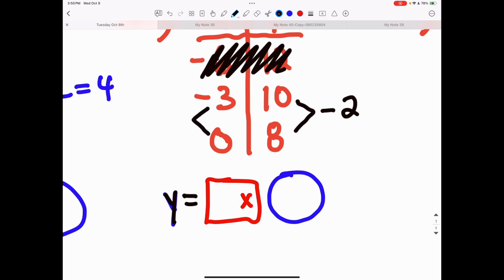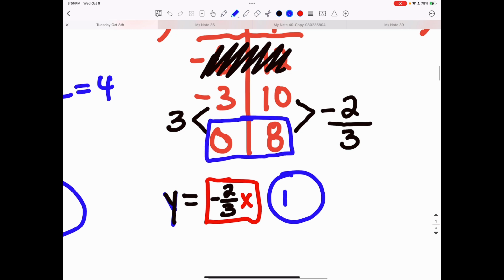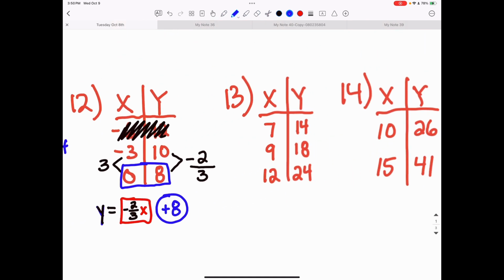No, if he goes from 3 days ago till now, it took him 3 days. So he lost $2, but it did take him 3 days. So his score is negative because he lost $2 in 3 days. His score is -2/3. And then do we have where he is right now? Yeah, on day 0, right now, not in the past, he started at +$8. So -2/3 X plus 8.